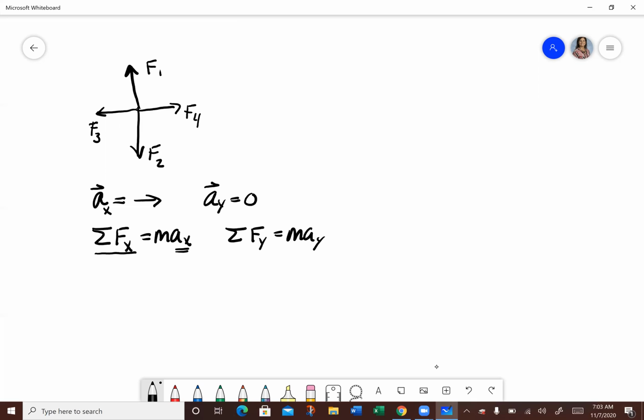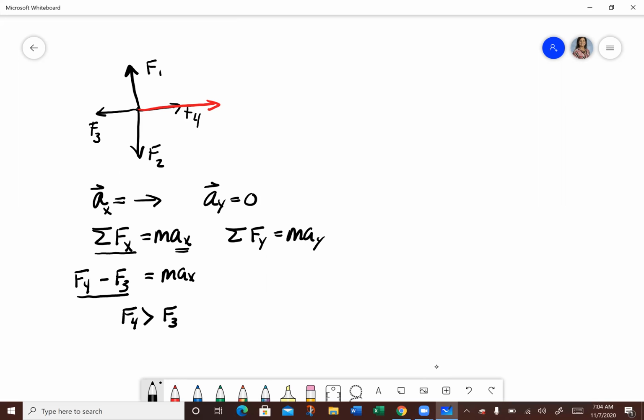So you simply have to have force 4 be much bigger than F3, so that when you type it into this equation, F4 minus F3, you will have a value here. If they're equal to each other, that would be 0, making the acceleration 0. So what we can say here is that F4 must be greater than F3.